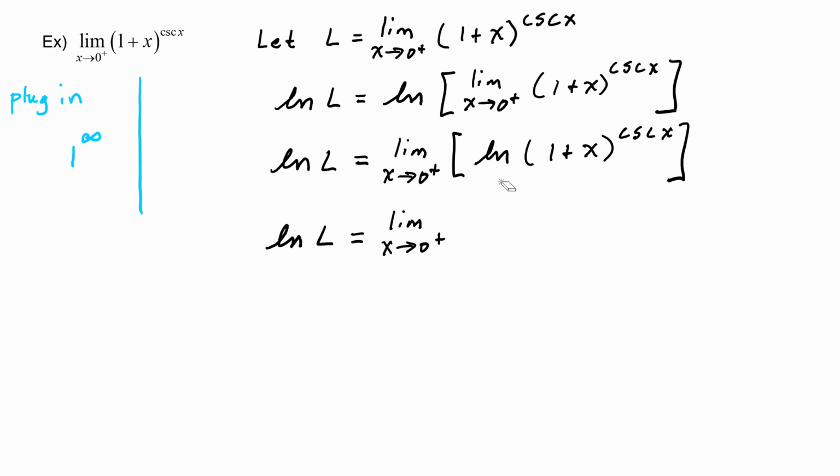Because we have a natural log here, we can take this exponent and bring it out front. So now we have cosecant of x times natural log of 1 plus x. Now let's check the form that we have. If we plug in 0 into the cosecant function, we know as x approaches 0 from the right, cosecant is going off to positive infinity.